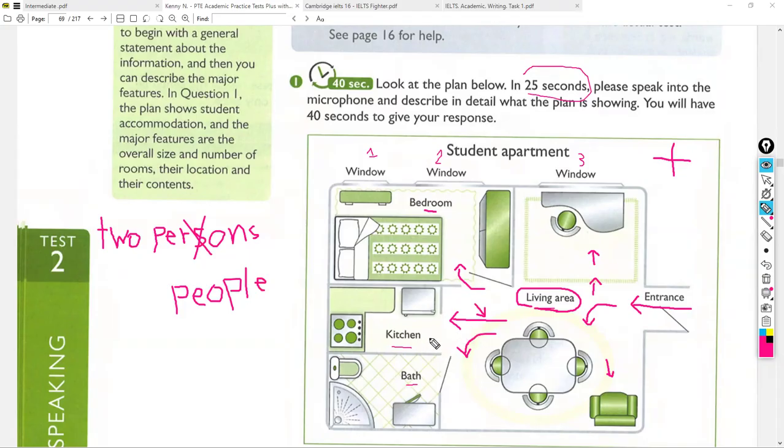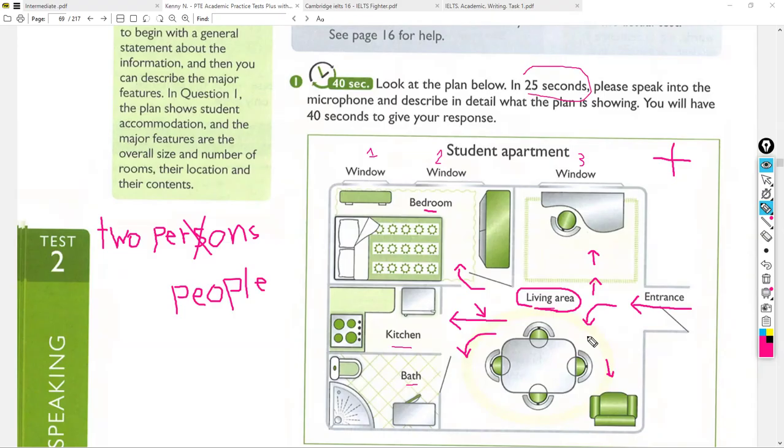Now, what is on the left side of the kitchen? We have on the left side of the kitchen a bathroom. Okay. I remember, Ali, you said on the left hand. It's not on the left hand, it is on the left side.